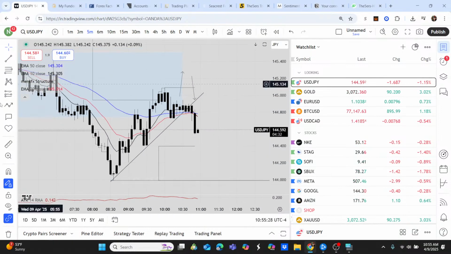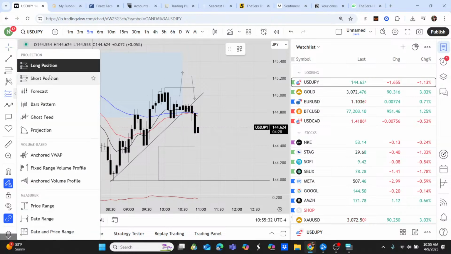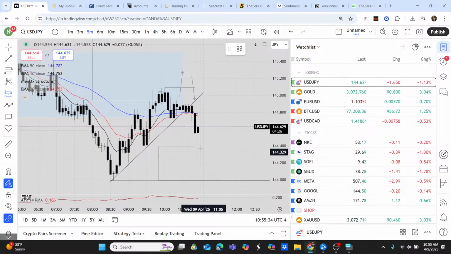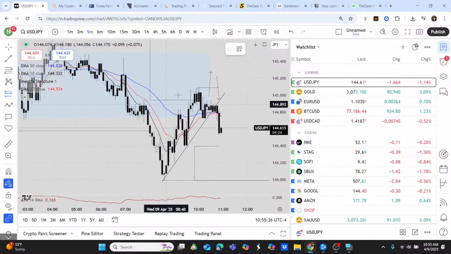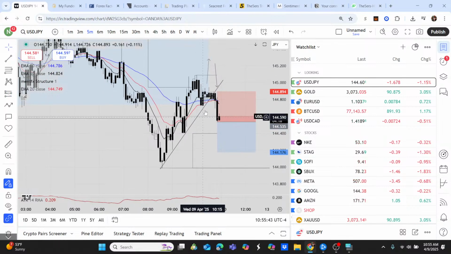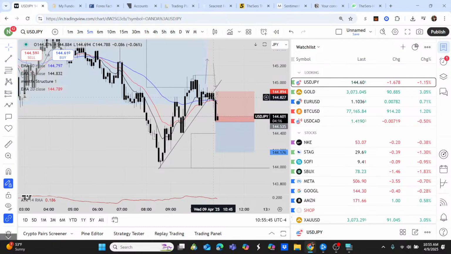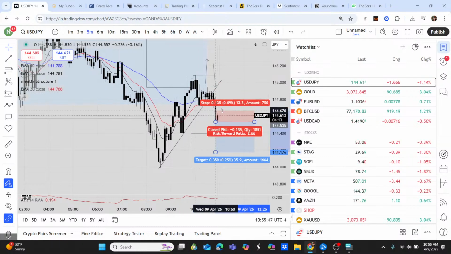So yeah, I'm gonna potentially get it. I'm gonna get this ready right here. This actually looks pretty clean. As long as we continue to move clean like this, it doesn't look too bad.